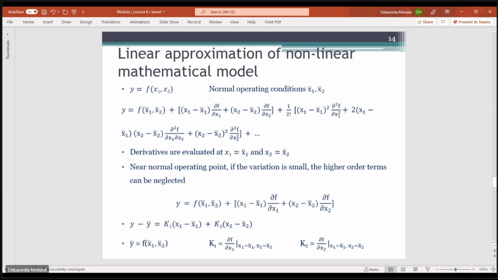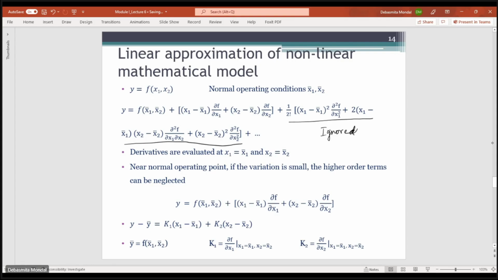Since we are assuming that around this operating point, x1 bar and x2 bar, the variation is very small, you can ignore these higher order terms. So if you ignore them, you will get y equals f of x1 bar comma x2 bar plus this expression.